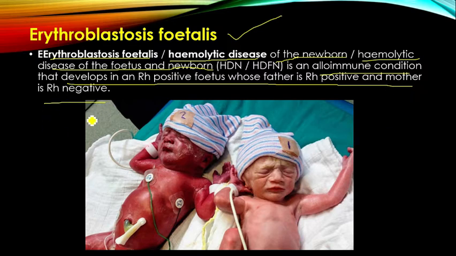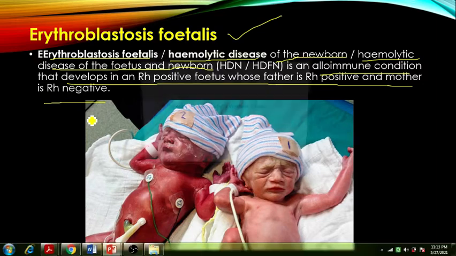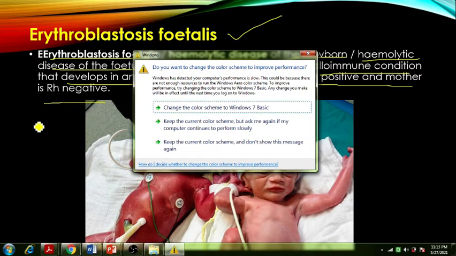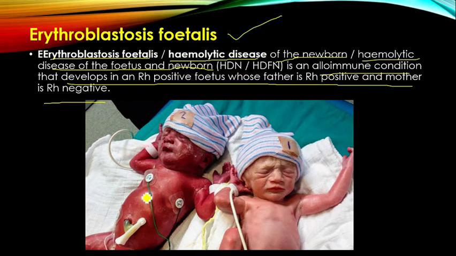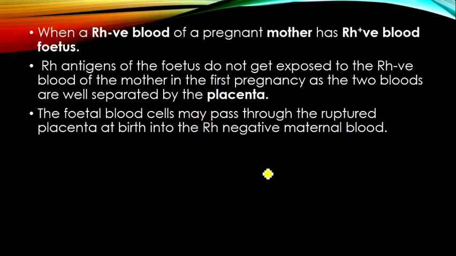We can see this disease only in an Rh positive fetus when the mother is Rh negative and the father is Rh positive. How will it happen? We have to discuss.